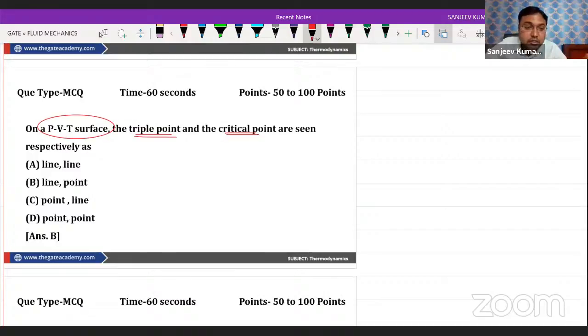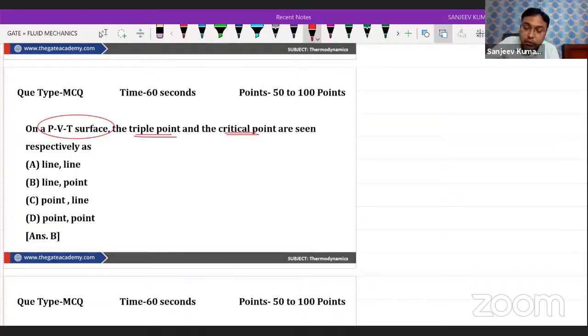I'm just going to show you the PVT surface. You can see the PVT surface here: pressure, volume, and this is the temperature line. You can see critical temperature, right? Critical state is here. So critical point looks like a point only.